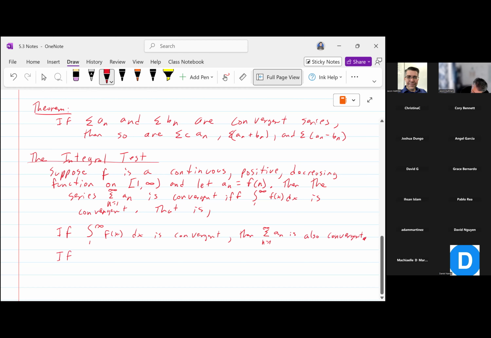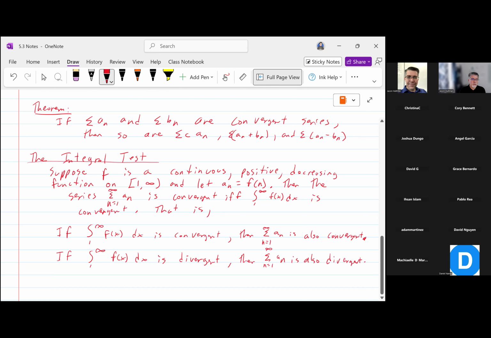If the integral 1 to infinity of f of x dx is divergent, then the summation n equals 1 to infinity of a sub n is also divergent.